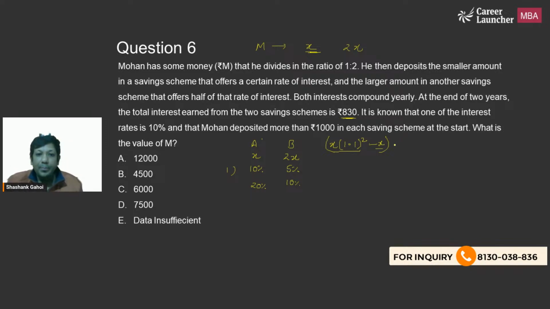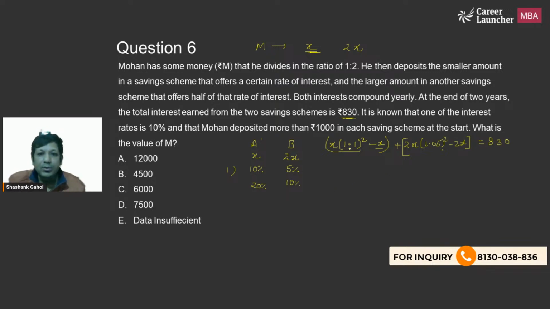Plus 2x into 1.05 whole square minus 2x. That is the interest amount. And this total interest amount equals 830.